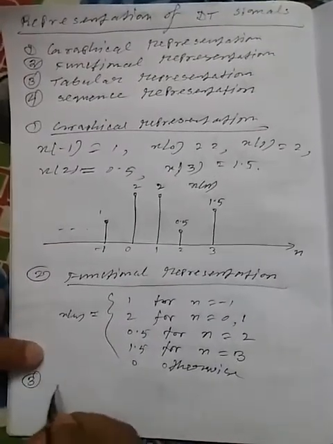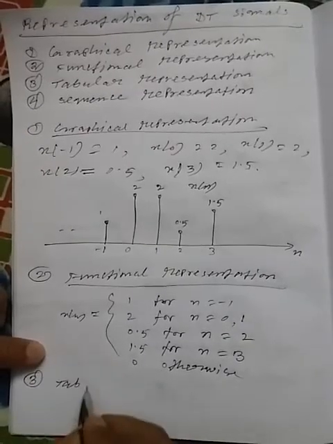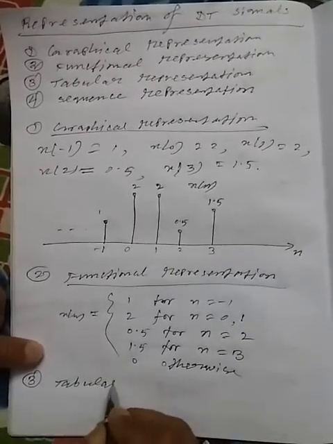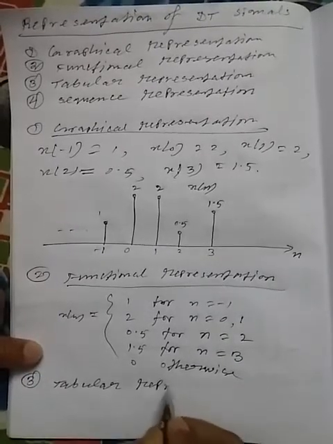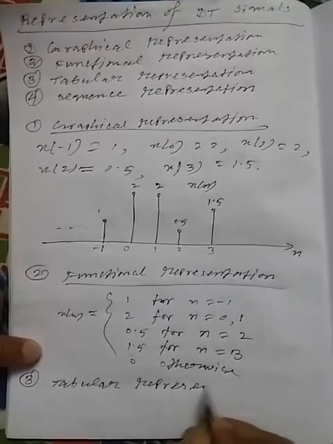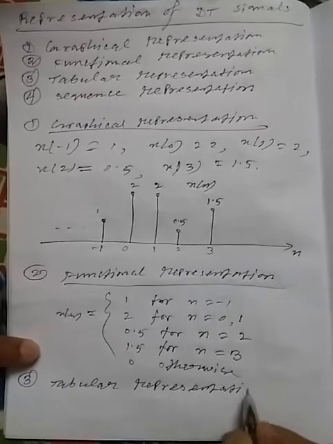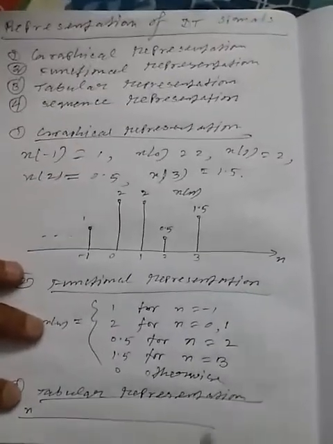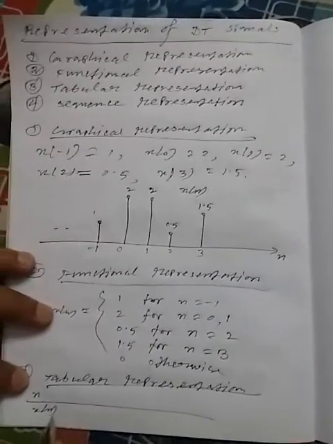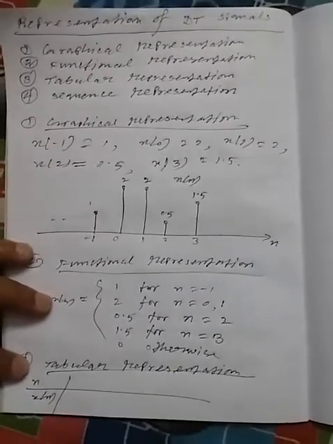Now number 3, tabular representation. This representation is not so important. Here is n, here is the value of x of n.